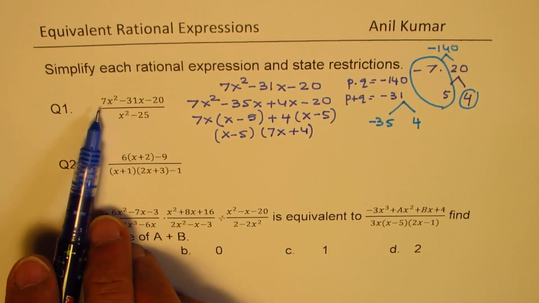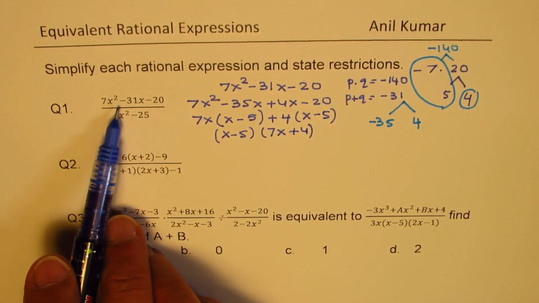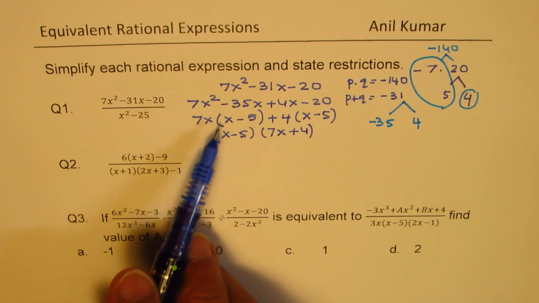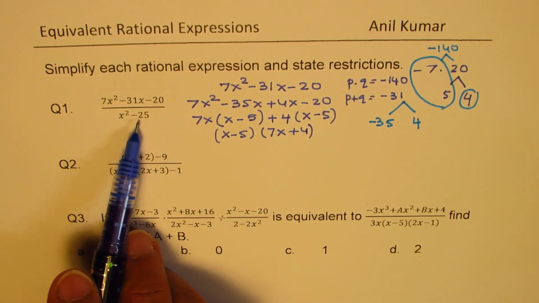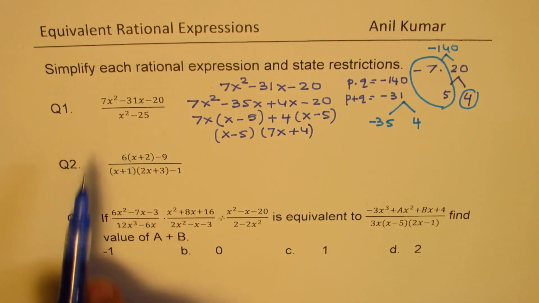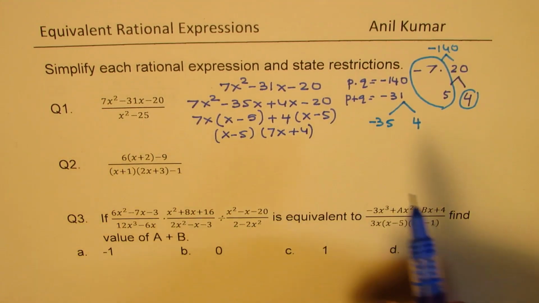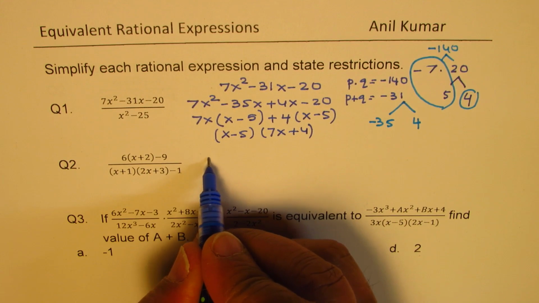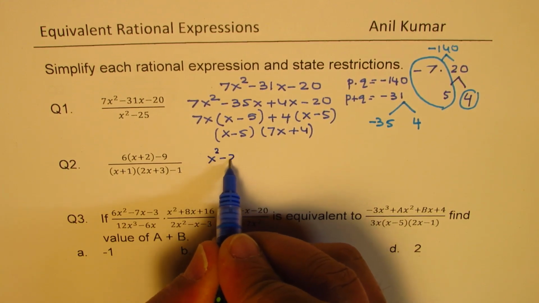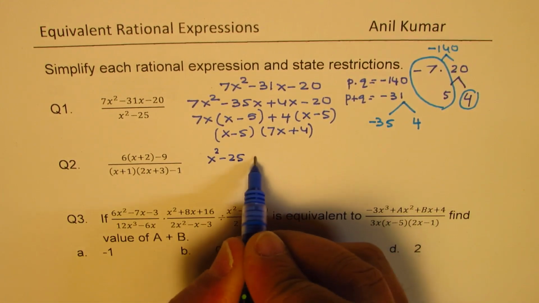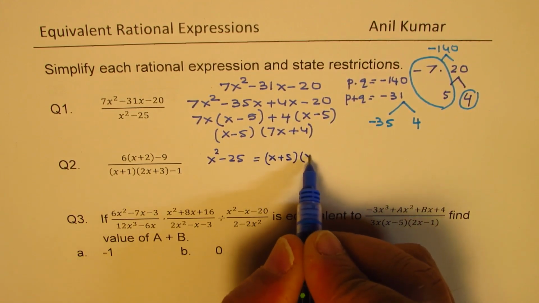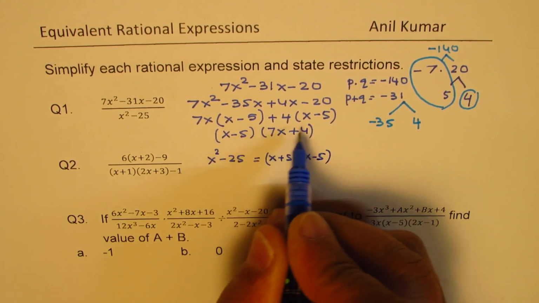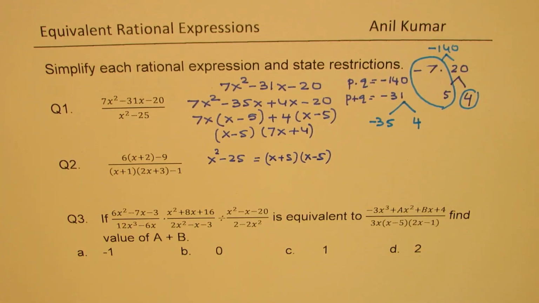So the numerator, which is 7x squared minus 31x minus 20, can be written in this form, and the denominator, x squared minus 25, can be written as difference of squares, right? X squared minus 25 is basically equal to x plus 5 times x minus 5, correct? So that is how we are going to factor.